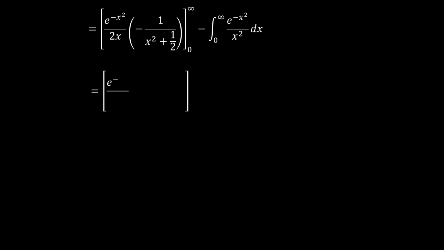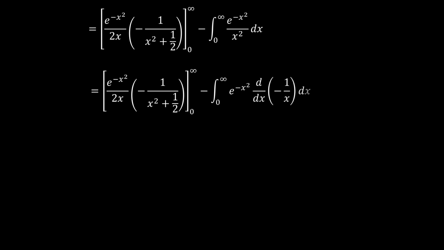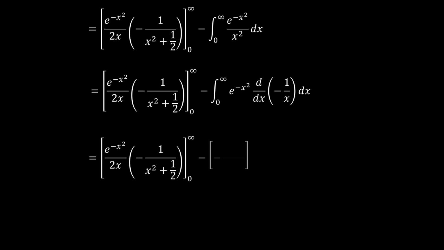Now going forward, what happens is that we can now consider this 1 over x squared as the derivative of negative 1 over x, right? And so doing another integration by parts, we have our uv, and we obviously have this negative as it is there.